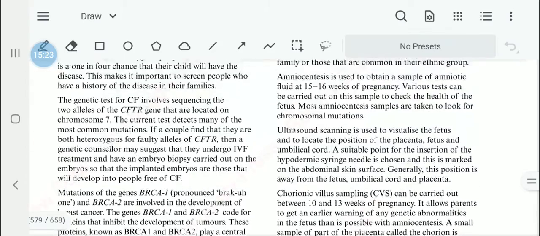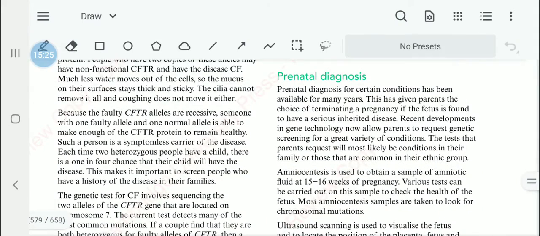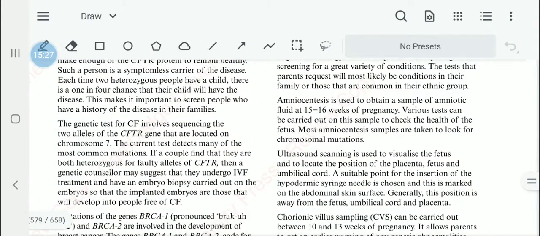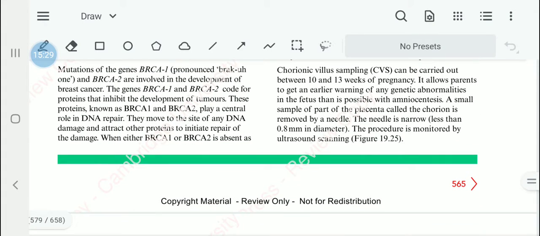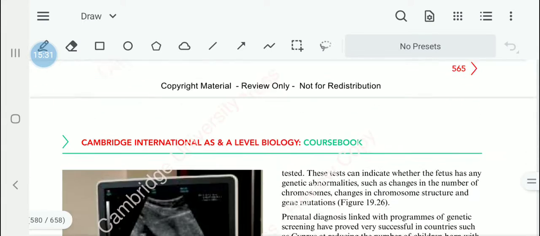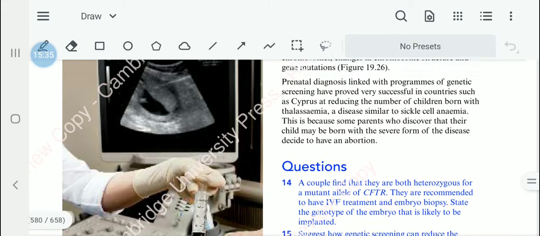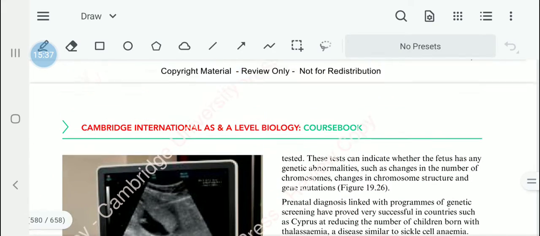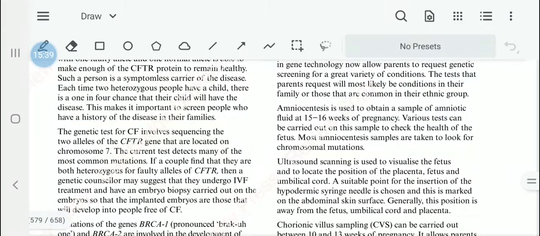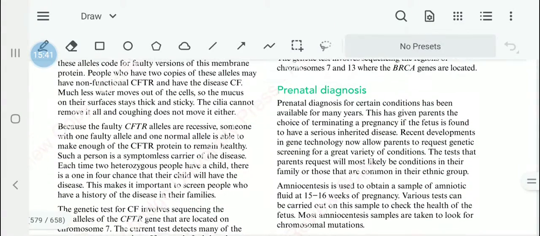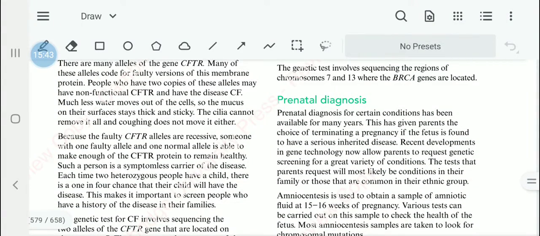There is a 1% increase in the risk of the fetus dying. So this is another use of this genetic screening, the prenatal diagnosis.